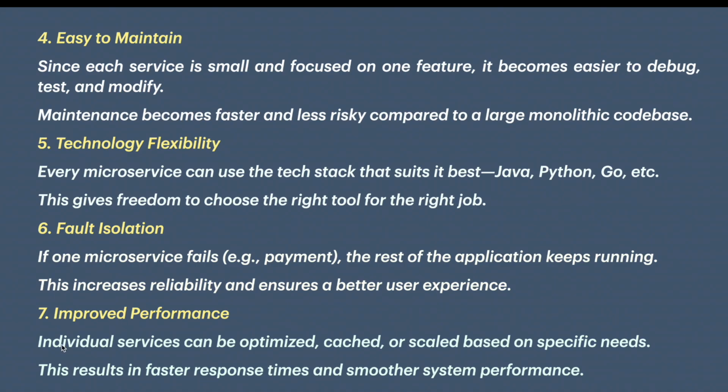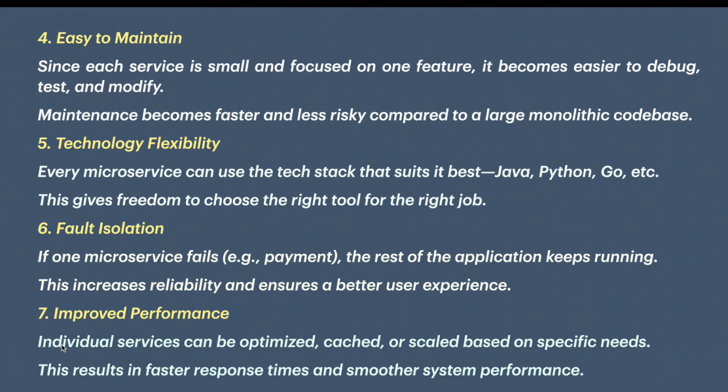Improved performance. Each service can be optimized, cached or scaled based on specific needs. This results in faster response time and smoother system performance. If you are getting multiple requests to your application and you want to cache, so that the response time is better, then you can use a cache like Redis or any other cache, to improve the performance of your microservices application.